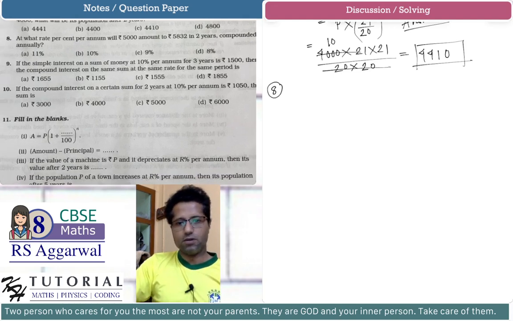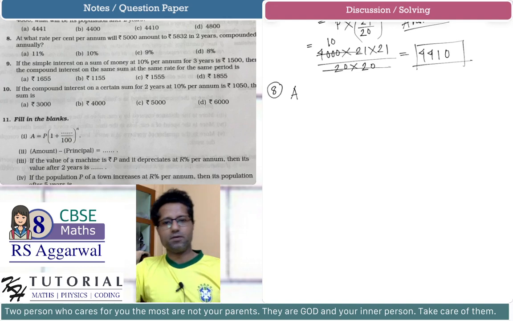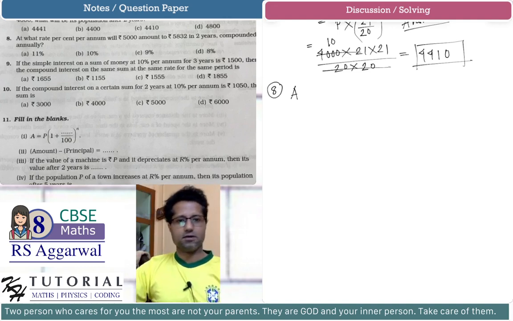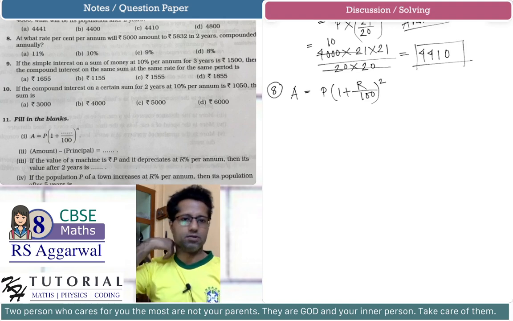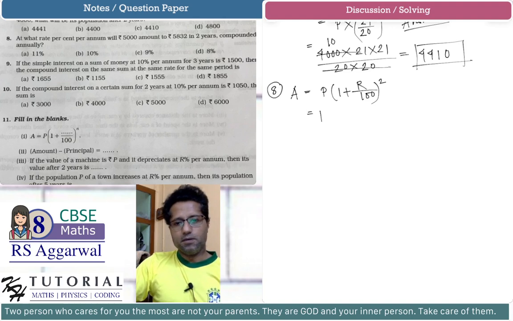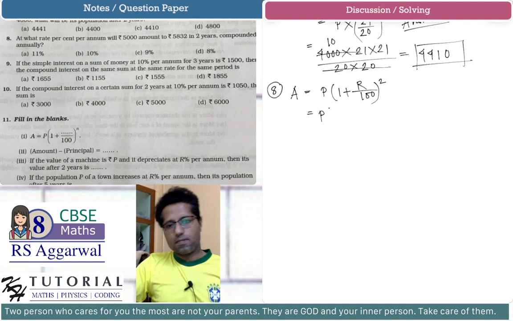Okay, so since the interest is being compounded annually and the time duration T is given in 2 years, which is an integer, the formula for the amount will be A equals P multiplied by 1 plus R by 100 to the power 2, because the time duration T is 2 years. This is P. We have to find R.